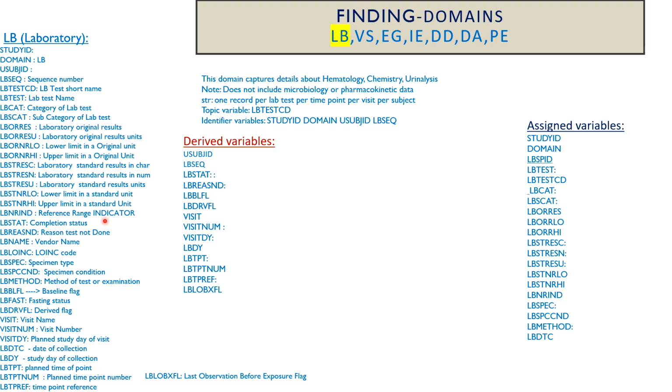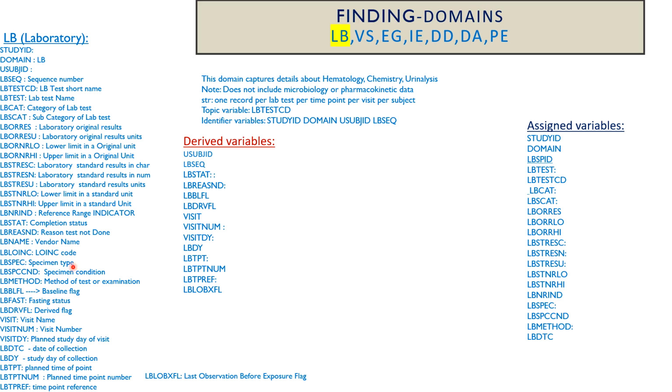Then status, the completion status, which we already know how to derive, and the reason for not done: why it was not done, we need to capture that detail. Then the lab name, like the vendor name, and LOINC, which is very important. LOINC code is a dictionary, and based on it we create the LB test code names.